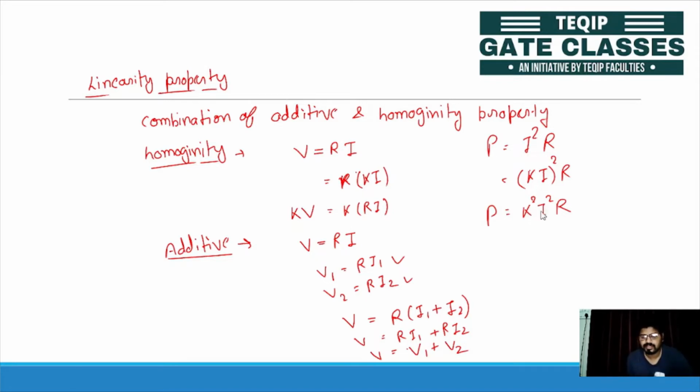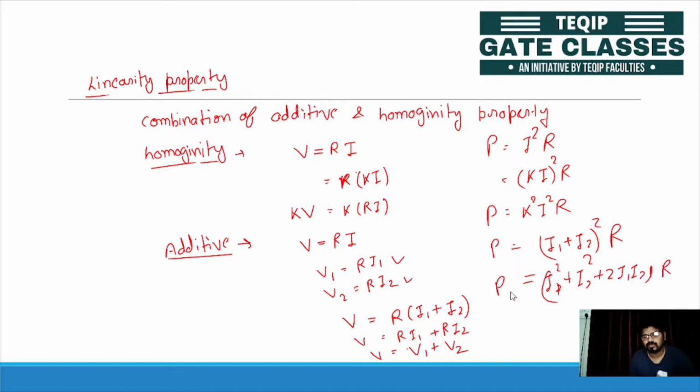So it's not homogeneous. If you check the additive property, suppose you take two inputs, (I1 plus I2) square R. What will be the result? I1 square plus I2 square plus 2 I1 I2, into R. So it is not equal to P1 plus P2.